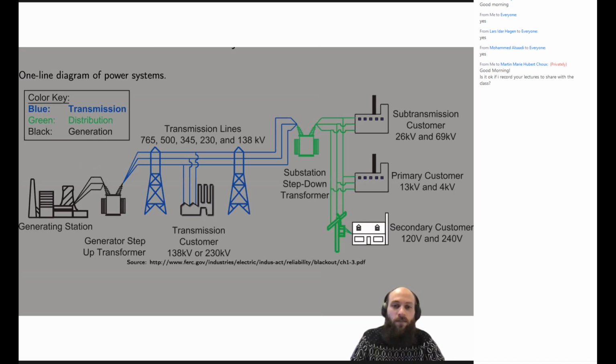And now that the electricity is produced, then we need to transport and distribute to the users. And for this, we use a smart grid, and it consists of a generating station where we produce energy, and then we need to transport this to the primary and secondary customers.